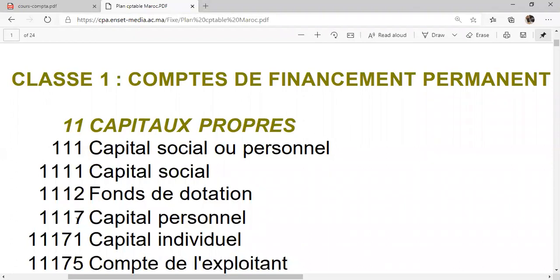The sous-compte of this is 11171. So the sous-compte is simply an addition of another figure to the compte. The first four figures is what we call the sous-compte. Then we have the compte divisionnel and the rest, but we will not actually deal with them.